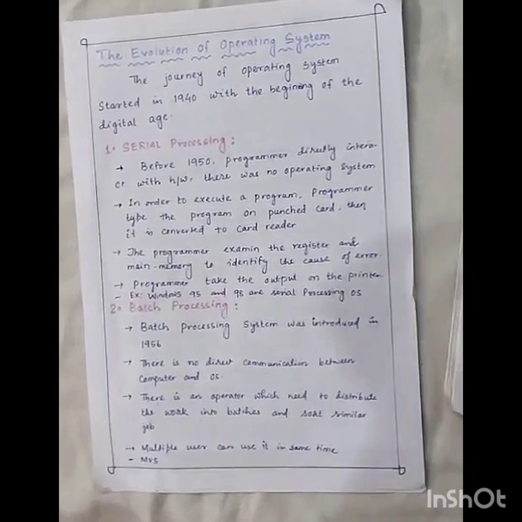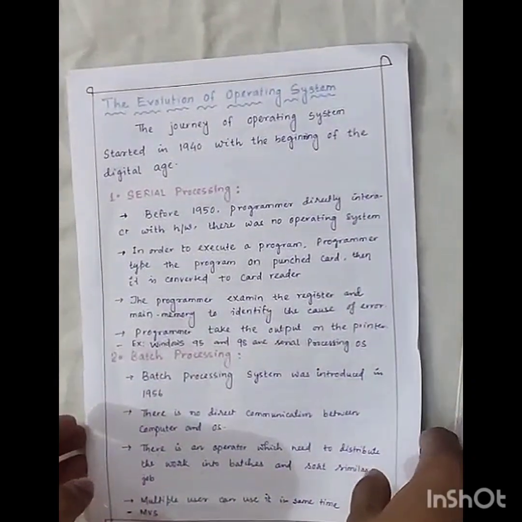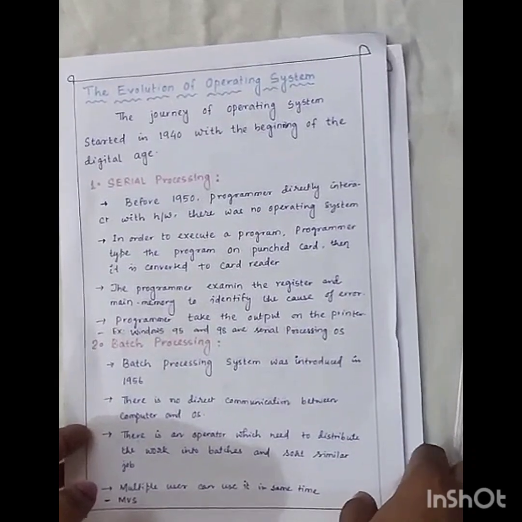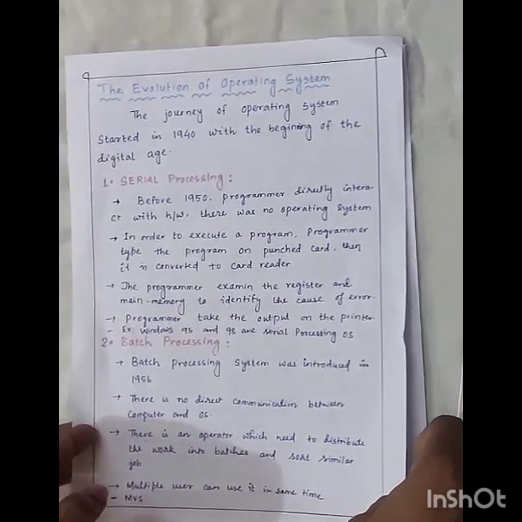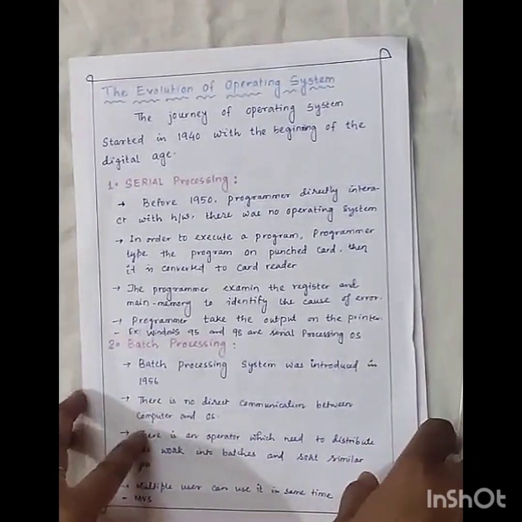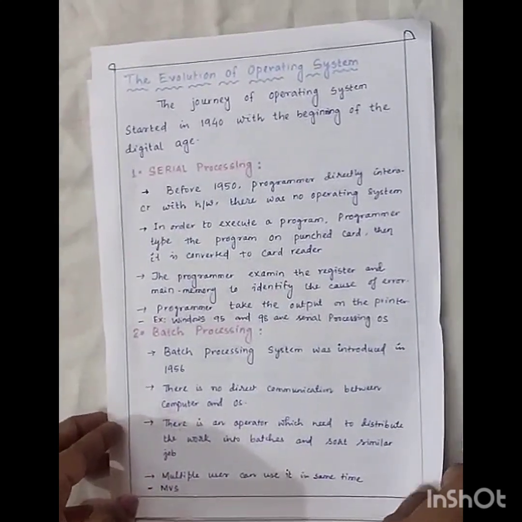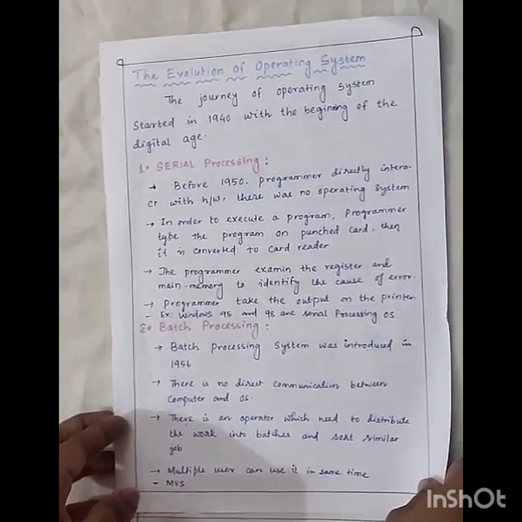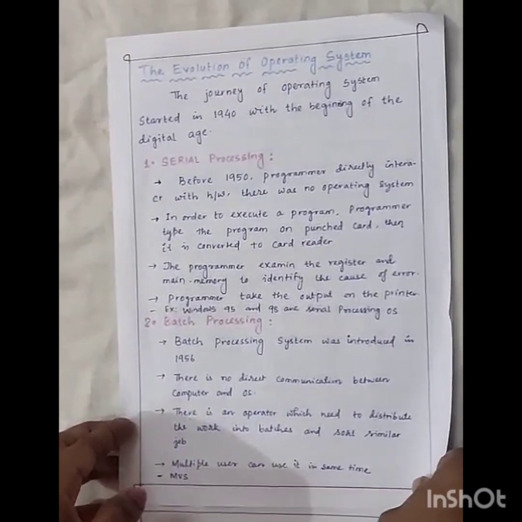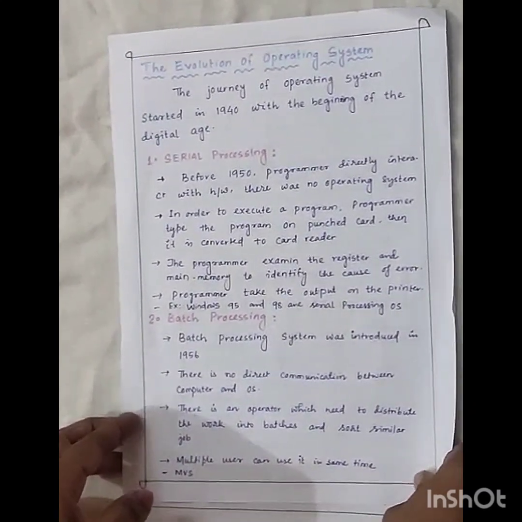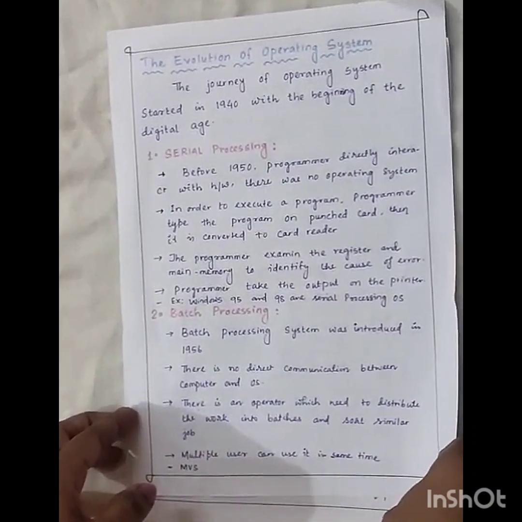The punch card would be fed to the card reader and the program executed. After the execution completed, the programmer took the printout from the memory, and this process was done serially, one process after another. This is why it is called serial processing. Windows 95 and 98 are serial processing operating systems.